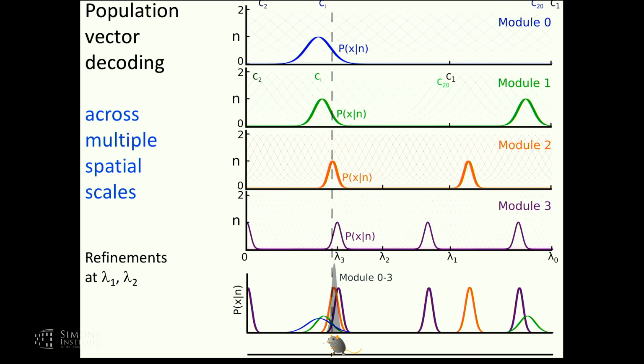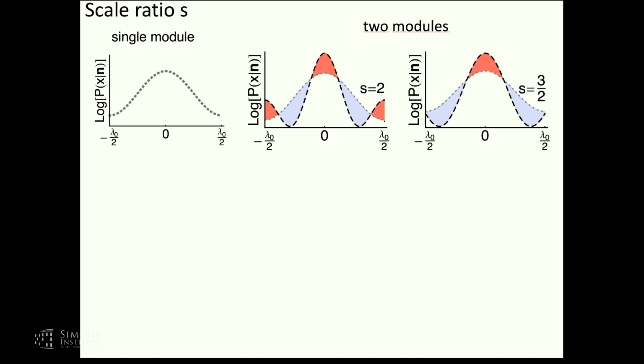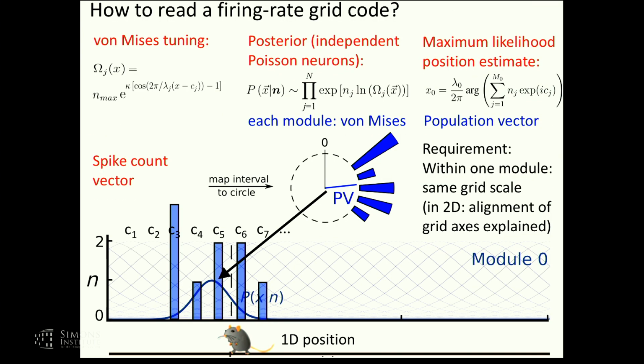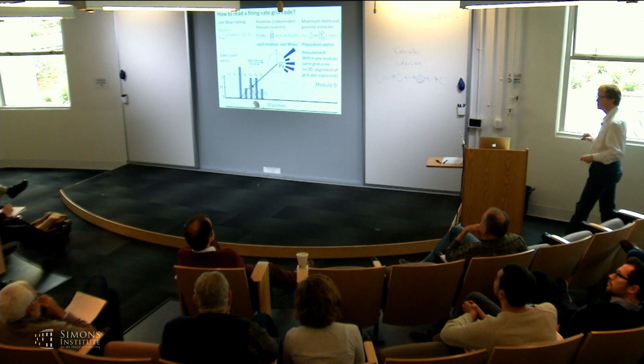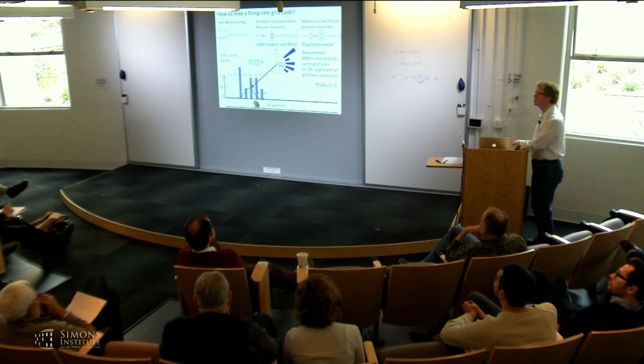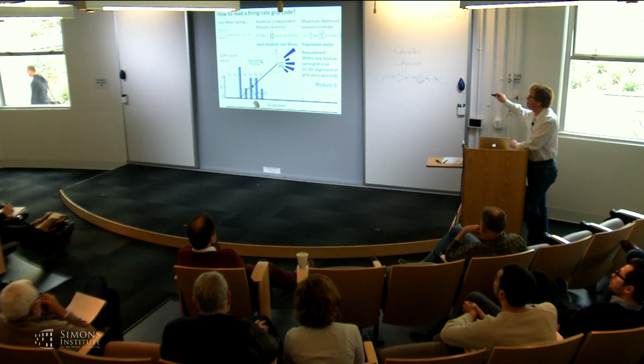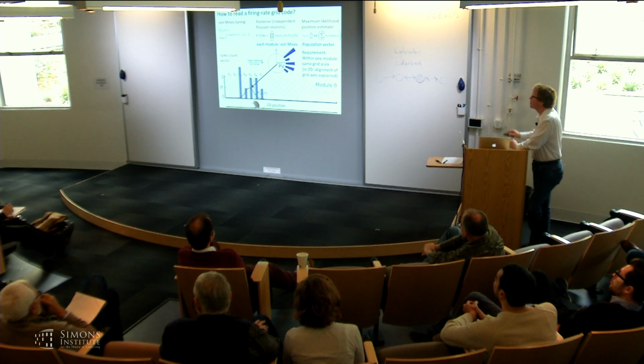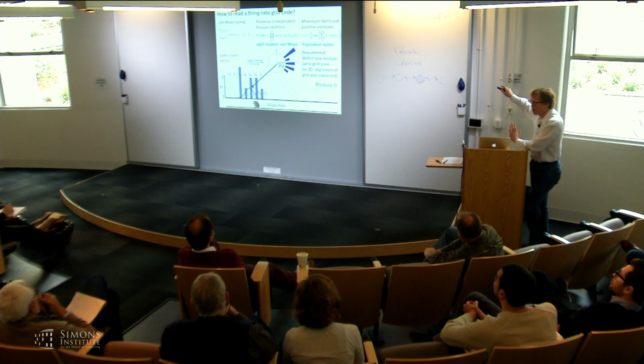Not using population vector. No, exactly. What do you mean? You mean not using the argmax thing? No, argmax yes, but not this construction. Yeah, but that construction is also not so easy for neurons to do, right? I'm confused because the middle thing holds no matter what, right? The middle thing holds if you have von Mises. No, it holds in general. Well, if you put in the von Mises. Okay, right, it holds.